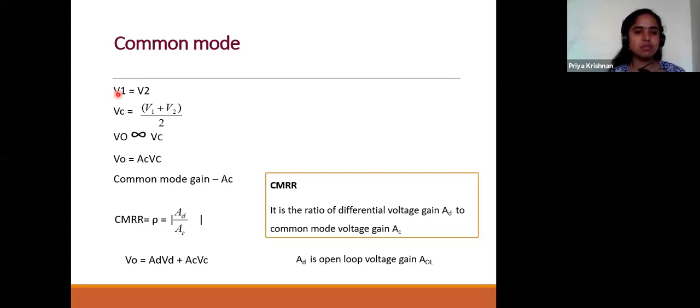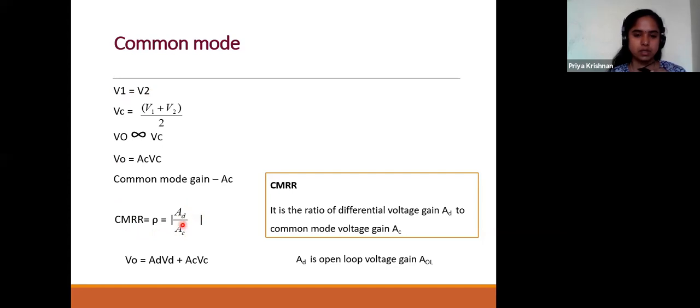V1 equal to V2 is the common signal. The CMRR, represented by rho, is equal to AD, the difference mode gain, divided by AC, the common mode gain. Obviously the common mode gain will be very, very low and the difference mode gain will be very, very high because it is a differential amplifier.